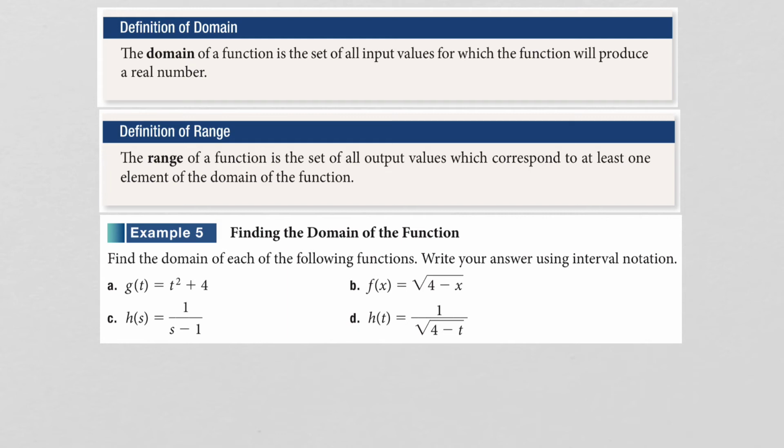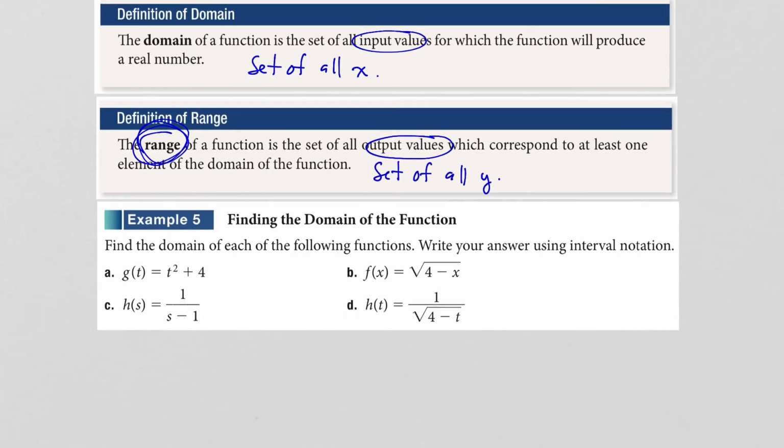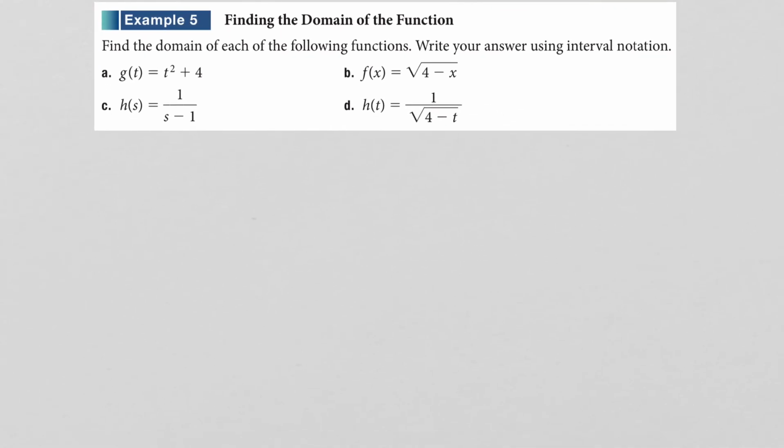So a simple way to think about domain and range is the domain is the set of all input values, and input values we usually call x, and the range is the set of all output values, and the output values is what we usually call y. All right? Now, the range can be a little bit tricky, so let's go ahead and go through these examples to see if we understand the concept of domain and range.